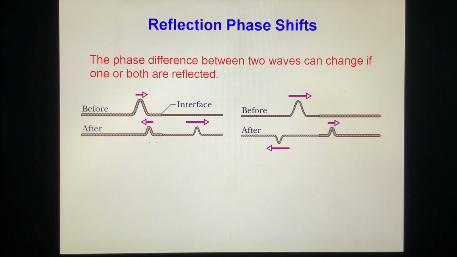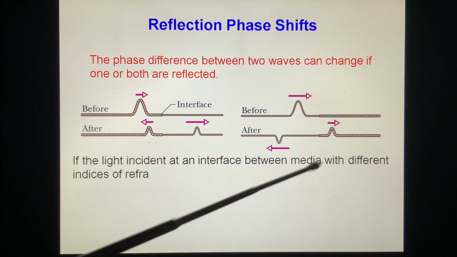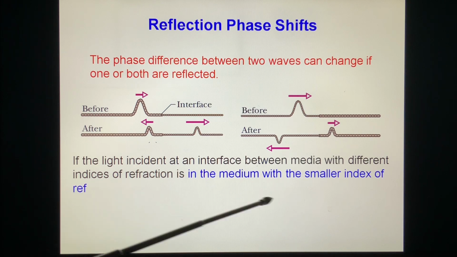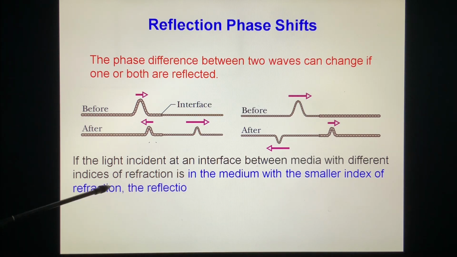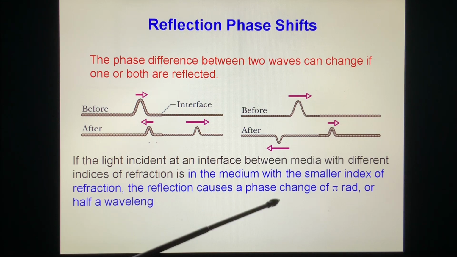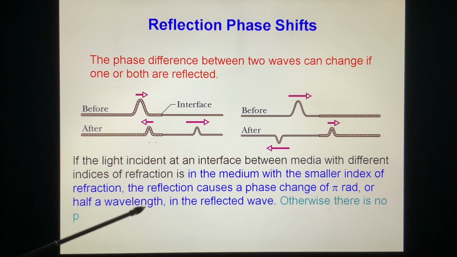The same thing happens in the light wave. If the light is incident at the interface between media with different indexes of refraction, in the medium with a smaller index of refraction, the reflection causes a phase change of pi radians, or half a wavelength, in the reflected wave.